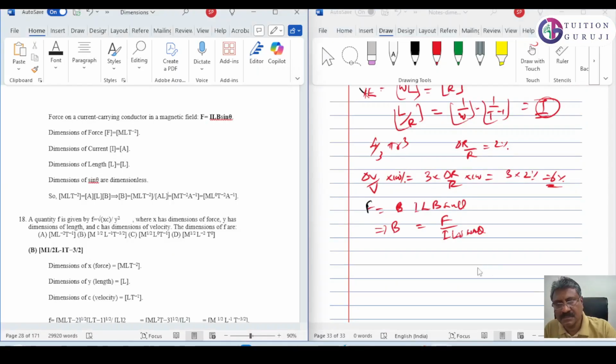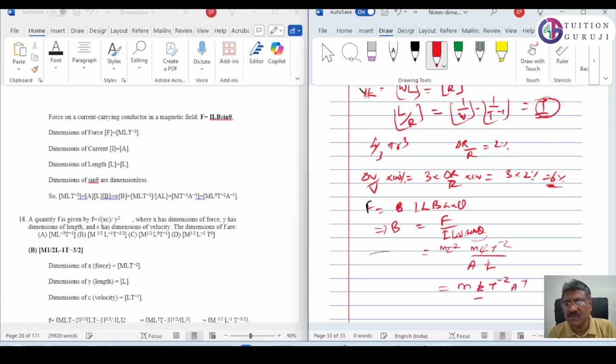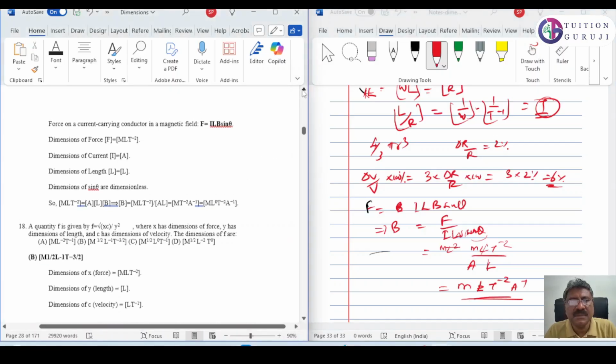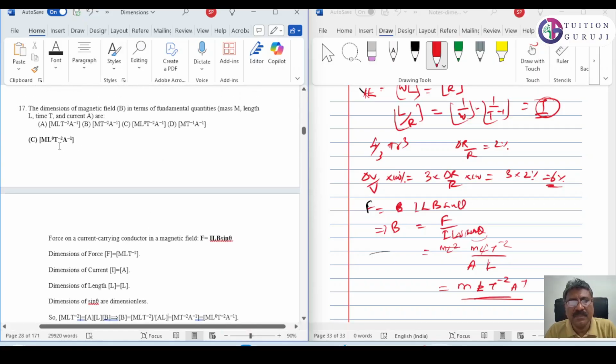That means M L T raised to minus 2, divided by; sin theta has no dimensions. So I is A, L is L itself, therefore L and L get cancelled. M T raised to minus 2, A raised to minus 1. So the dimensions are M T raised to minus 2, A raised to minus 1. That is the answer. C is the answer.